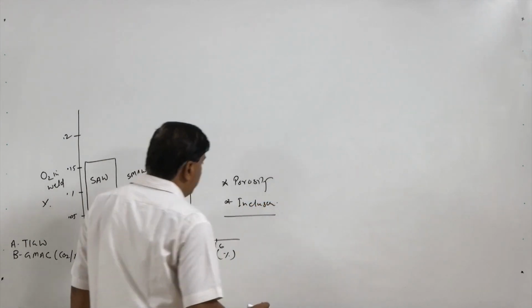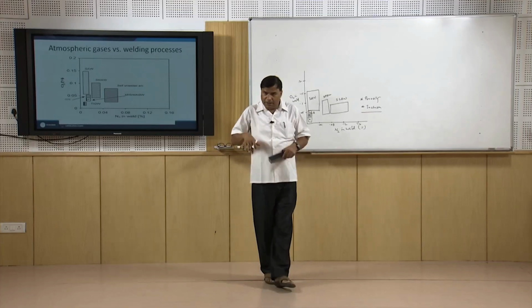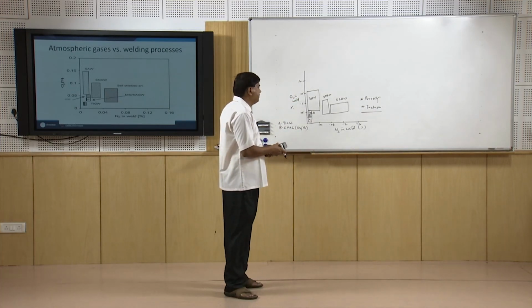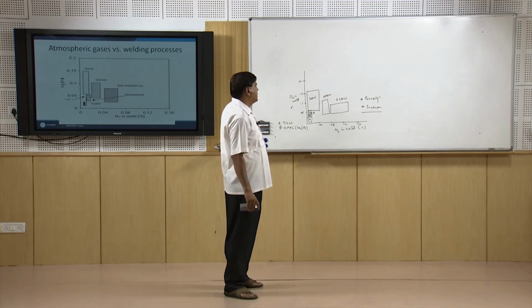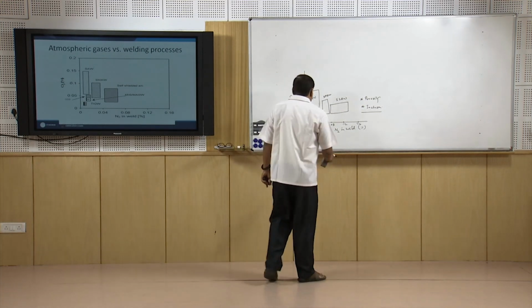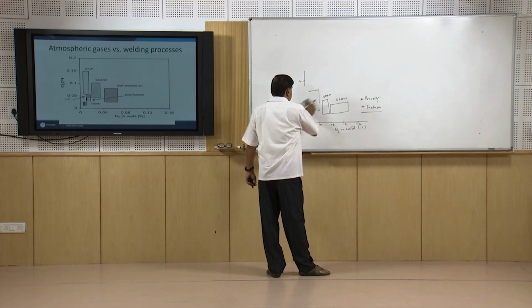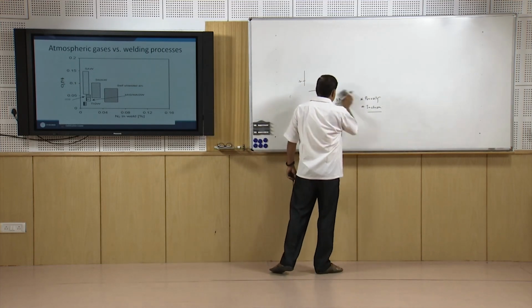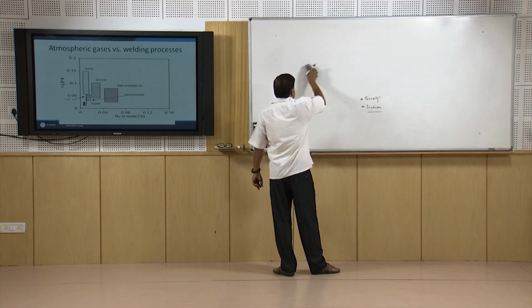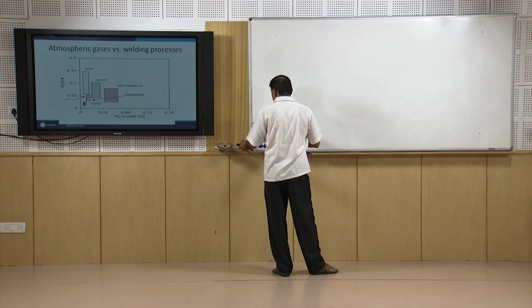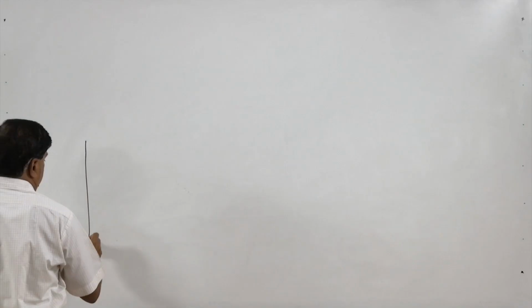It is very clear that the greater the percentage of oxygen and nitrogen in the weld, the greater will be the porosity and the inclusions. To see the effect of specific gases like oxygen and nitrogen on the weld, we will see two diagrams, one for oxygen and another for nitrogen.